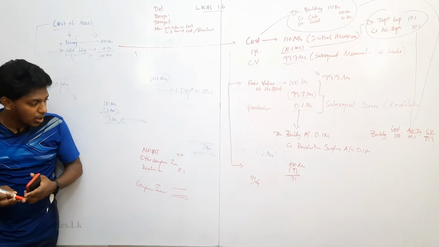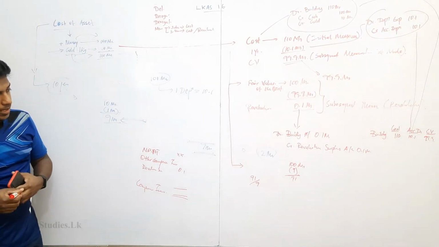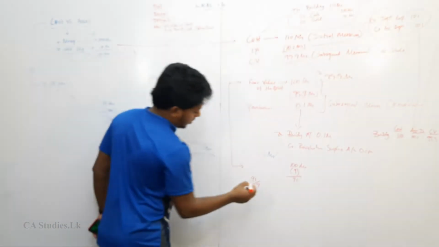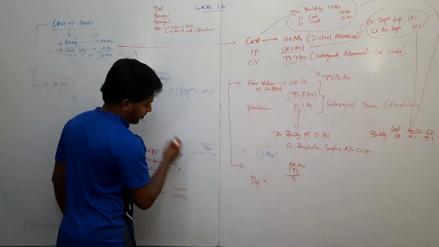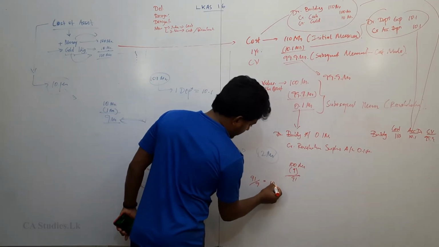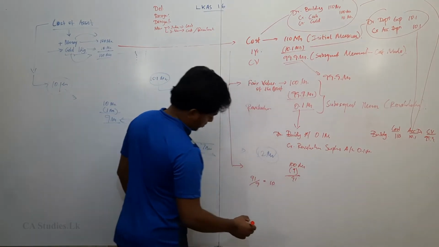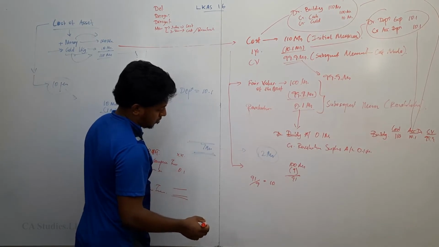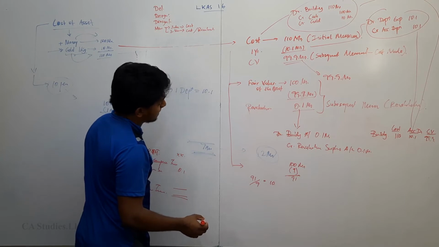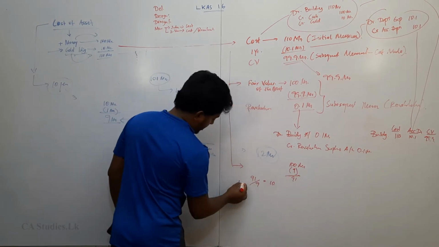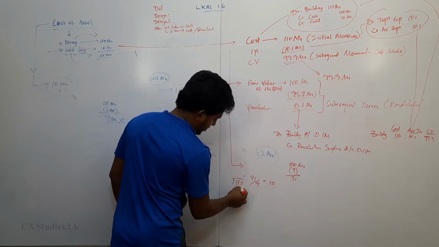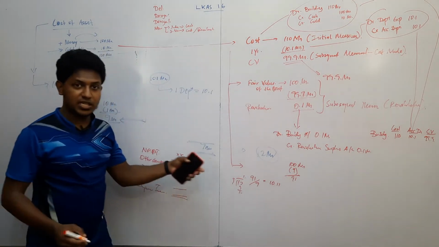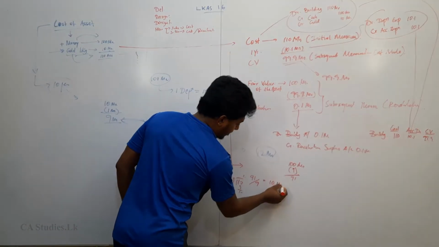Right? 100 divided by 9, 10.11, right? The depreciation charge changes to 10.11.